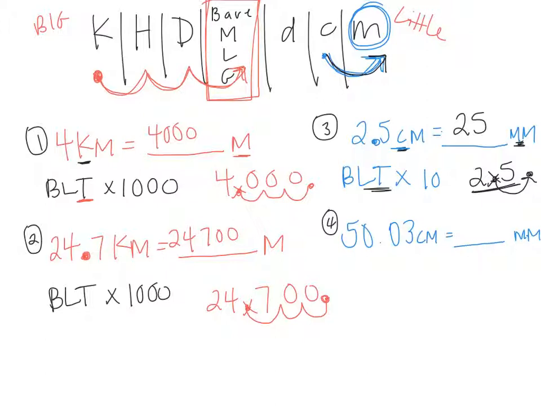The fourth example is once again going from centimeters to millimeters. So starting on my chart at C, I moved to the right 1 place. Because I'm going from big to little, this is BLT. I am multiplying. I moved once, so that is times 10. Now I'm going to write my number 50 300.